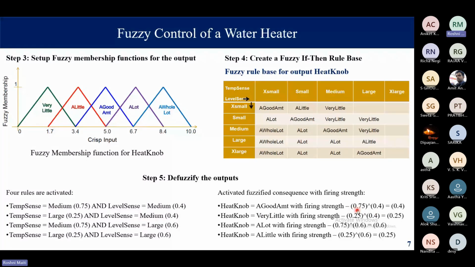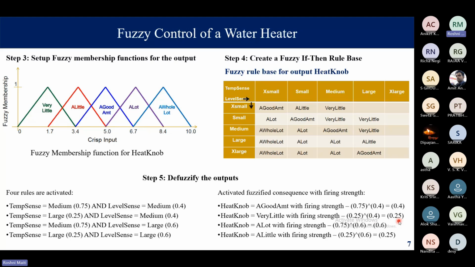So here the values are 0.75 and 0.4, and the smallest between these two, 0.4, we have taken. Now again we have to check the combination of these two and take the smallest between them.